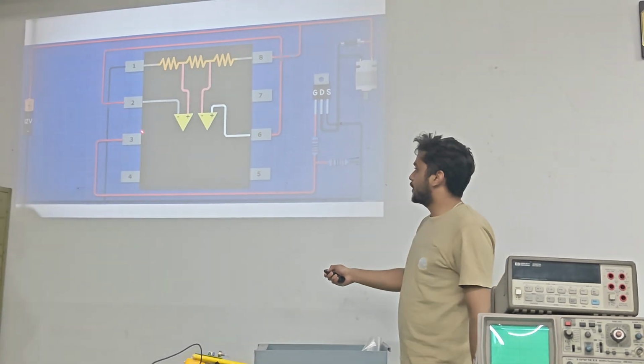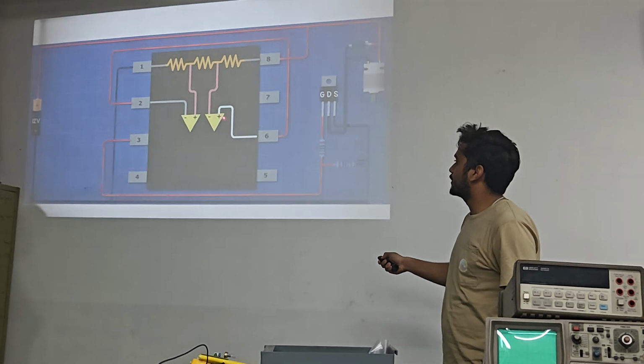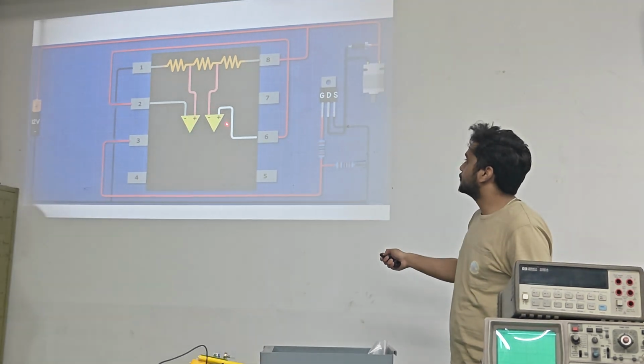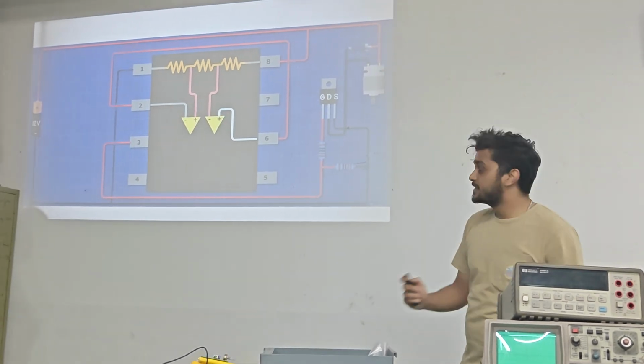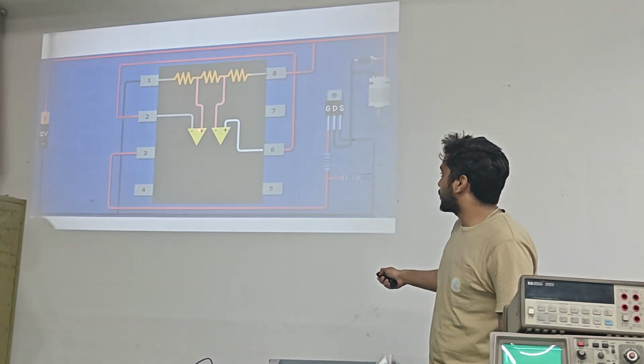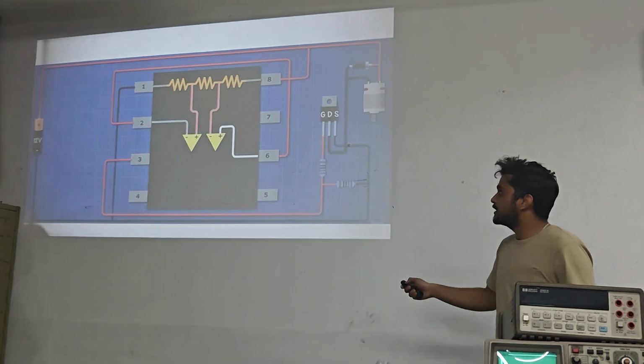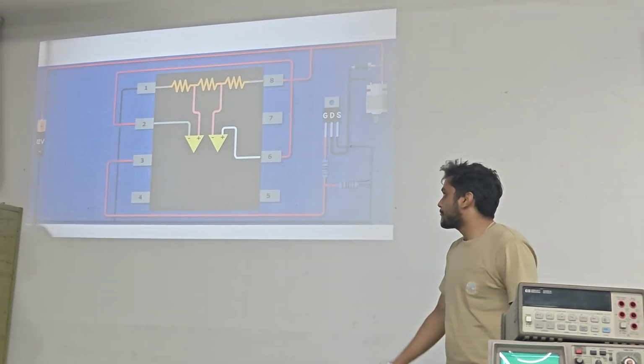So if we supply one signal over here, then this signal will come to the plus terminal of the second comparator. So basically in these two terminals we will supply the same voltage from outside, and the voltage in the plus terminal of the first comparator and the minus terminal of the second comparator will basically come from inside the 555 timer.